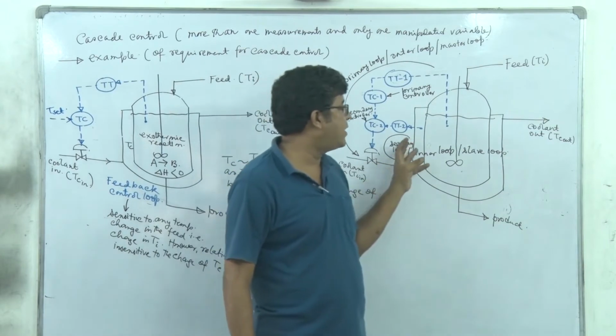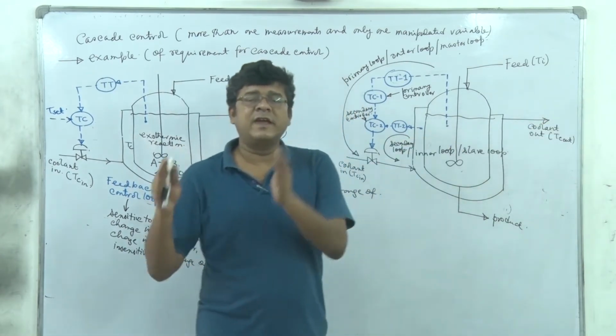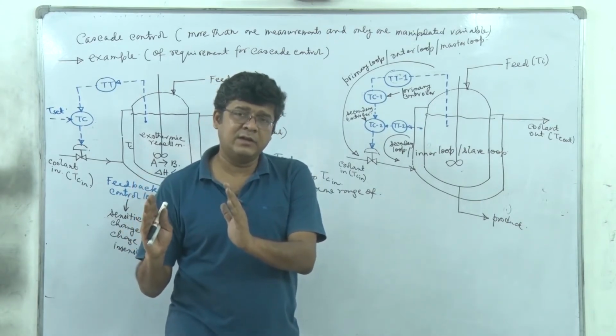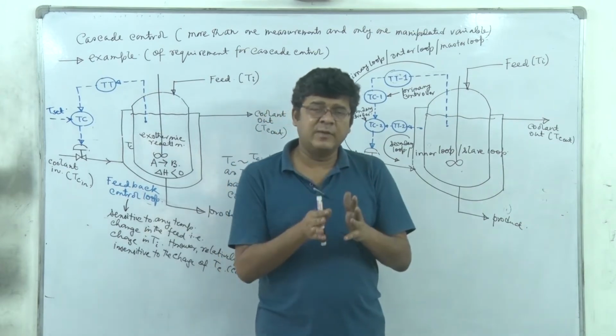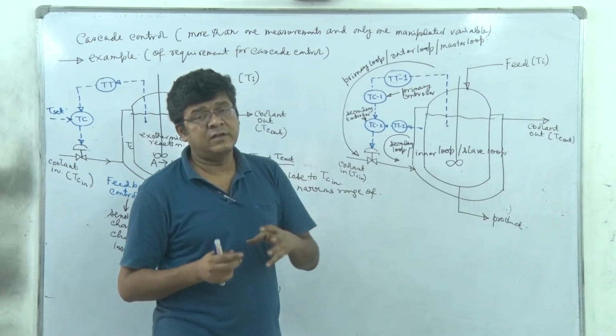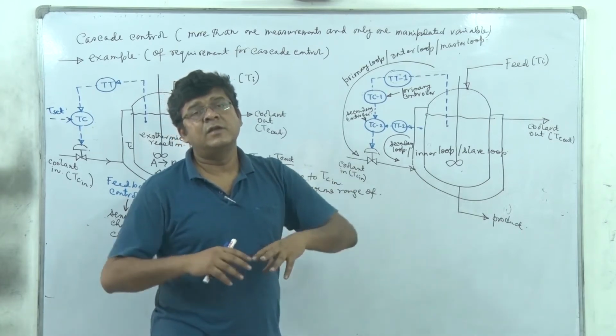First we have a secondary process, then a primary process, and then finally the output. The secondary process is the heat withdrawal rate by the coolant, where there may be disturbances like the coolant temperature changing, and there may be other disturbances as well.